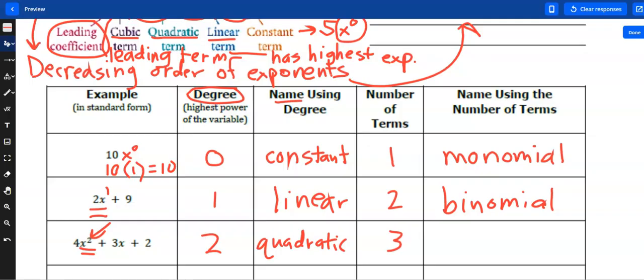Remember, so far the examples that we have all have one more term than they have degree, but that's not always the case, and you know that because you've seen quadratics that only have two terms. So this would be a quadratic, but since there are three terms, we use the term trinomial. These prefixes, mono, bi, and tri, all go with the number of terms.